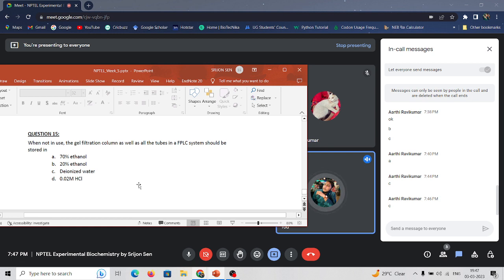He was speaking of one thing, that to avoid fungal and bacterial growth, the tube should be dipped in something. The tube should not be dipped in HCl. No. D is not the right thing.